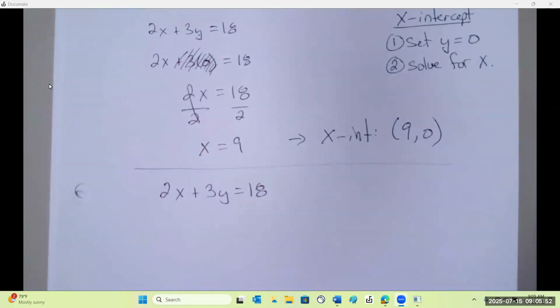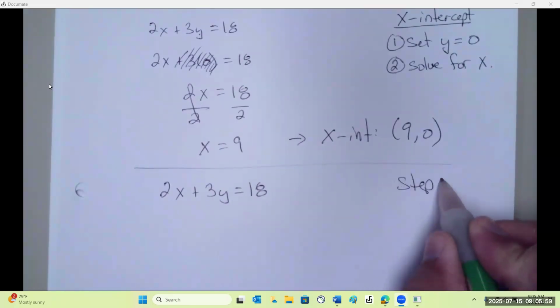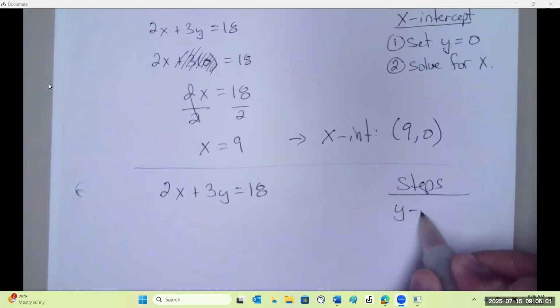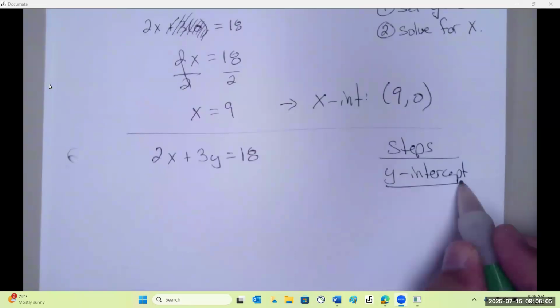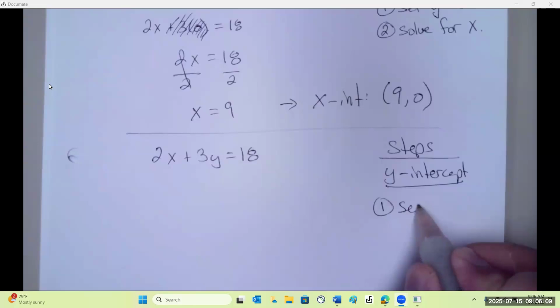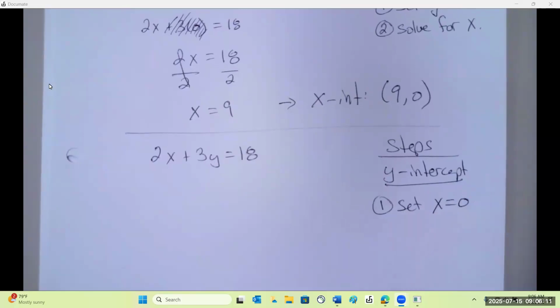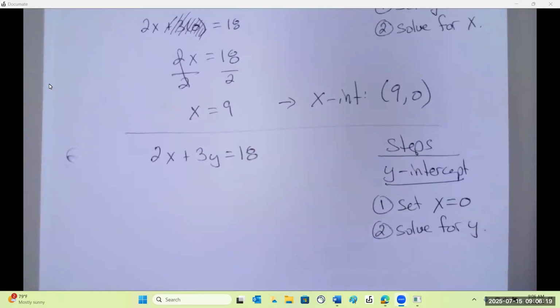And let's do the y-intercept now. The steps for the y-intercept: since we're looking for the y-axis, I don't want any x's. So I set x equal to 0. Get rid of the x's, and then solve for y.